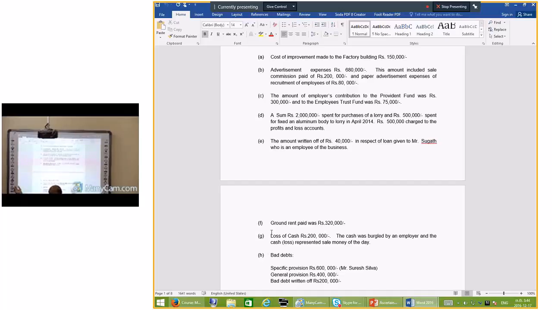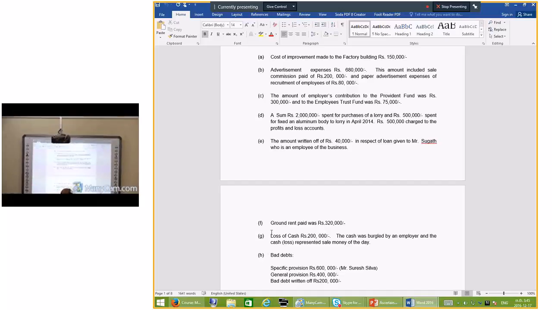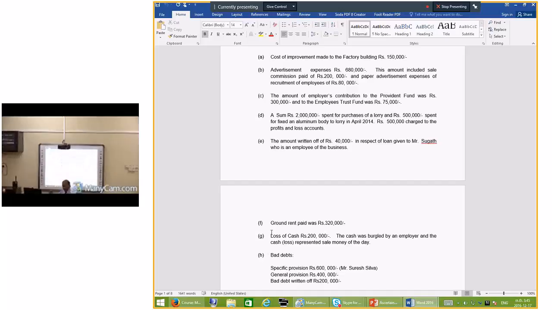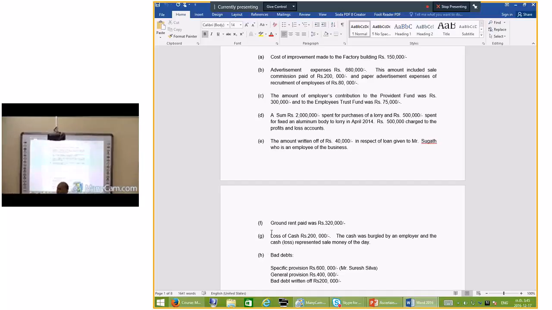One day, the business money was taken by a thief, stolen. Then Haley's company, knowing the exact value of the money burgled, categorized it as business expenditure and charged it to the P&L and ascertained the profit and loss accordingly.